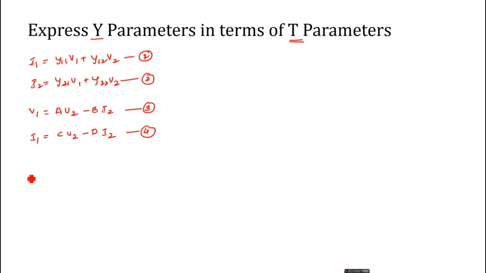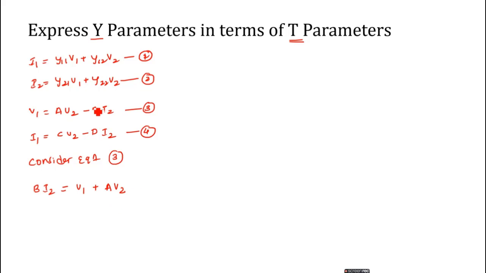Consider equation number 3. We will get b into I2 equals v1 plus a into v2.